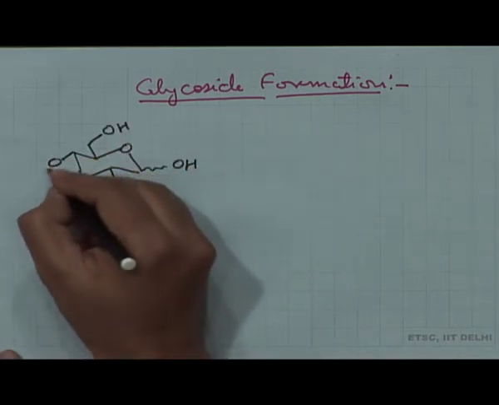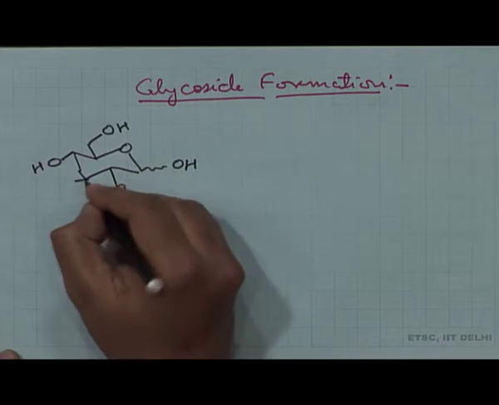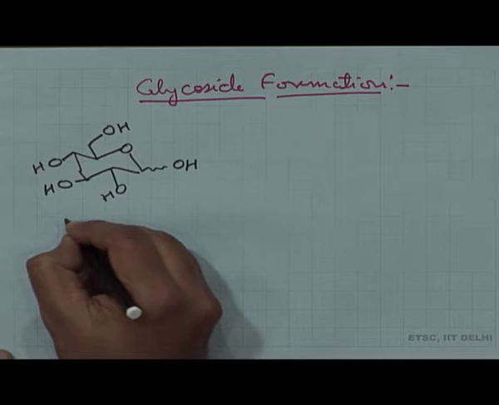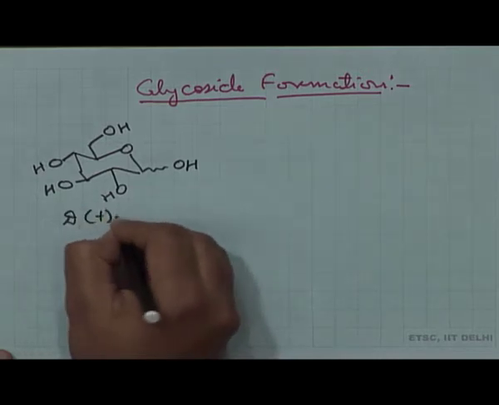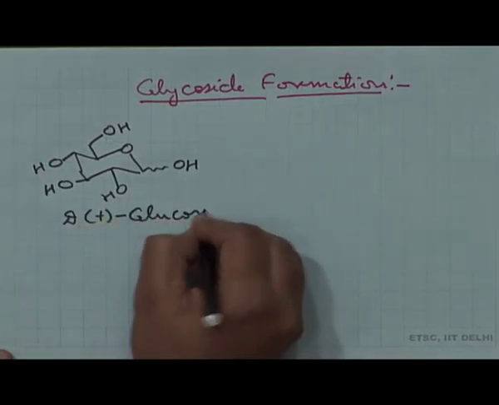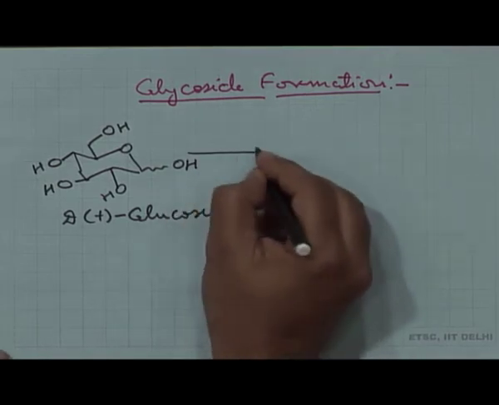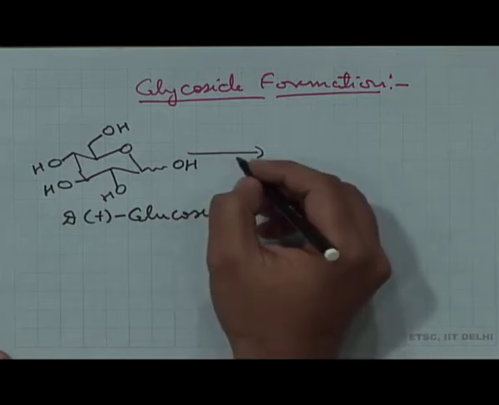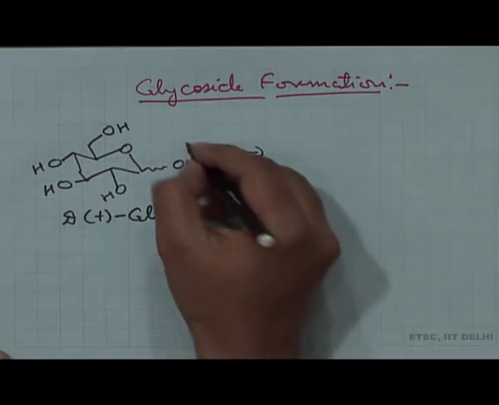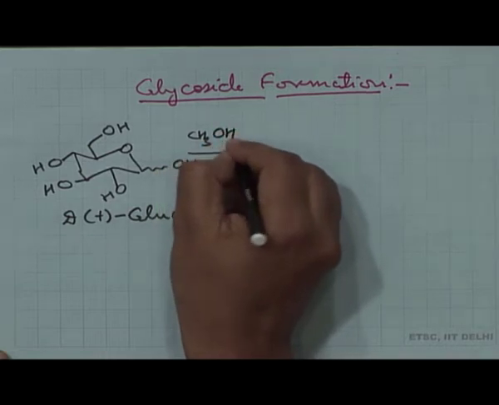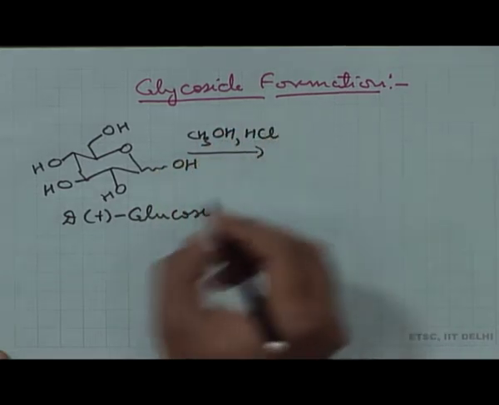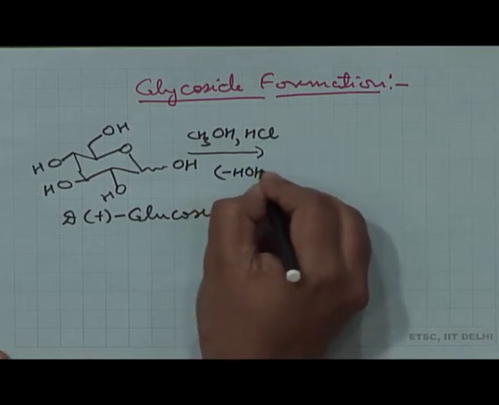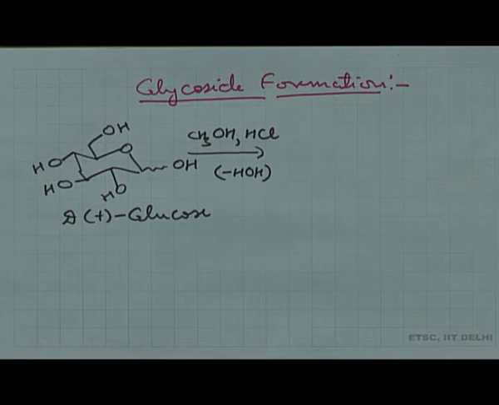In presence of methanol and hydrochloric acid, it forms two glucosides, methyl alpha D glucopyranoside and methyl beta D glucopyranoside. So, CH3OH and HCl, and basically one molecule of water comes out of the molecule.